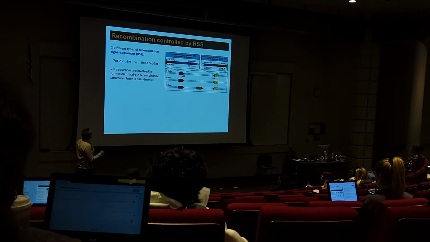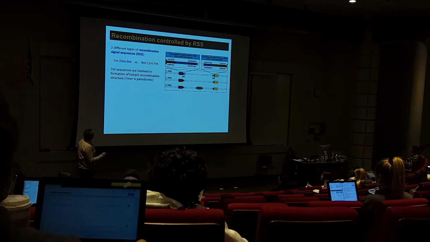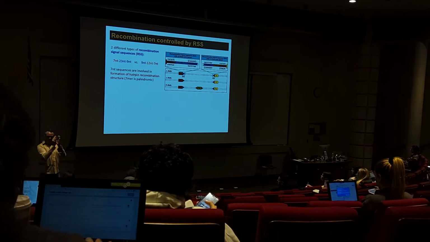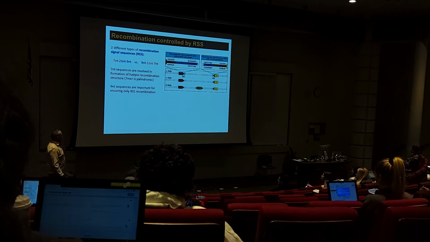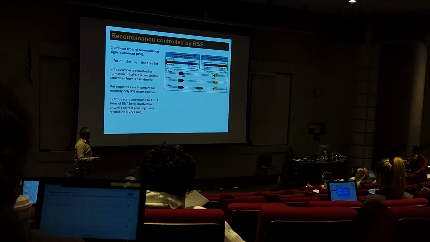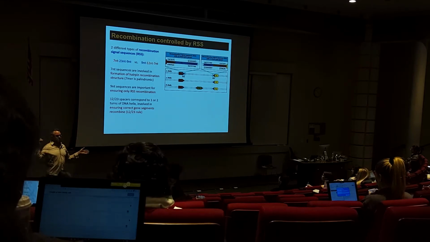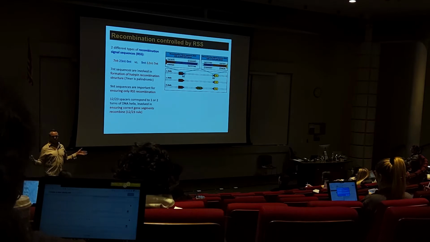Okay, so the 7-mer sort of gets paired together here and here, and it forms a hairpin. It's got this big loop, right? And then the nonamers pair up here, and so you've got this bulge that can be recognized. And the rule is you can only recombine an RSS that has a 12 nucleotide spacer with an RSS that has a 23 nucleotide spacer.